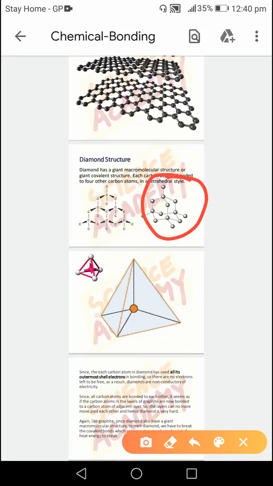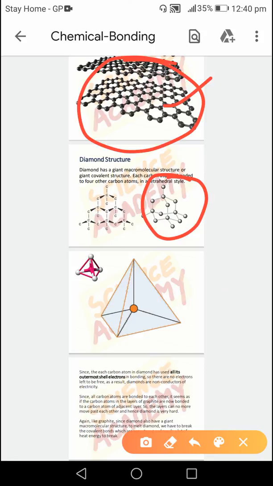Diamond, graphene, graphite, nanotubes are all made up of carbon, but they are taking different structural arrangements. So these types of substances whose structural arrangements are different, but which are all made up of the same type of atom, we call them the allotropes.